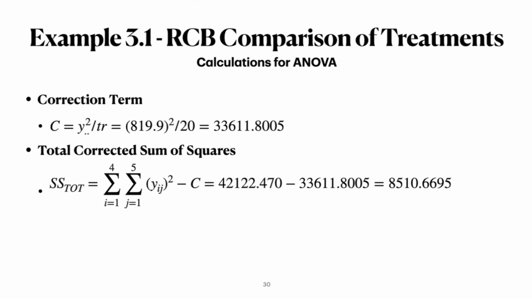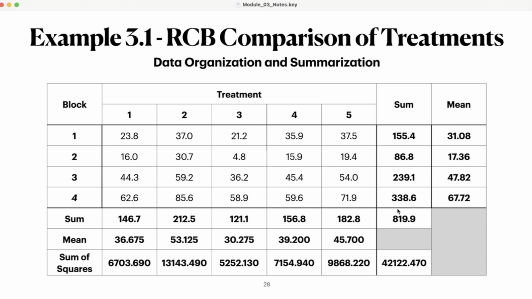So we first calculate the correction term, capital C, and you can see the calculation here. I'm not going to spend much time talking about this. We've shown how to do these kind of calculations before, but again, the numerator here, the square of the total, the square of the sum of all the observations in the data set is obtained, if we go back a few slides, this is that sum right there.